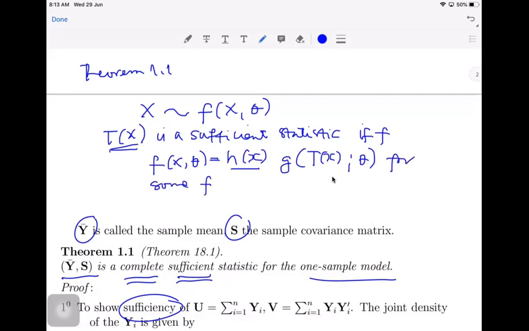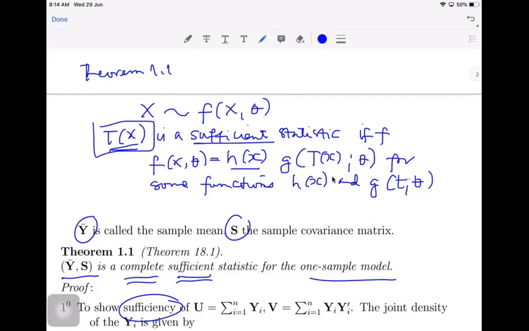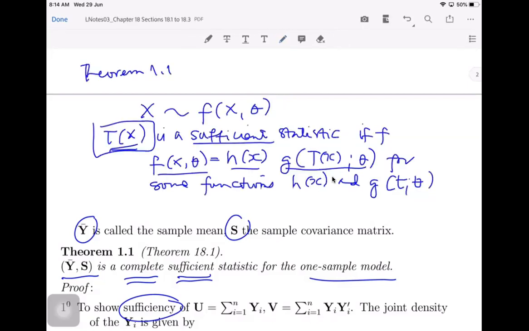So for some functions h(x) and g of theta. Okay. So this theorem tells you that if you have a statistic T of x, it will be sufficient if and only if you can factor the joint density function into two product. So I think you should be familiar with this from your inference subject.